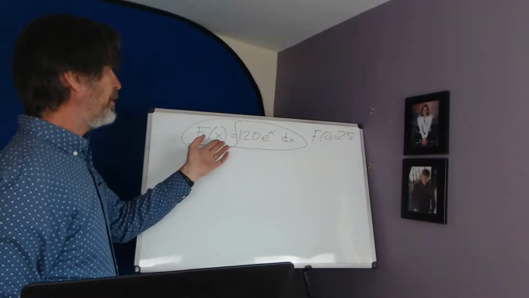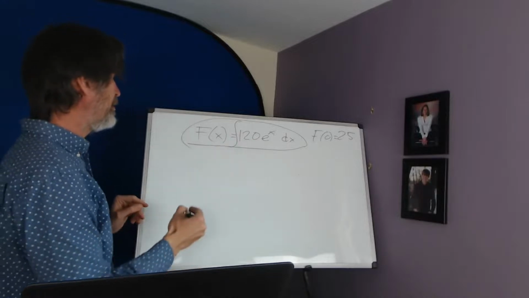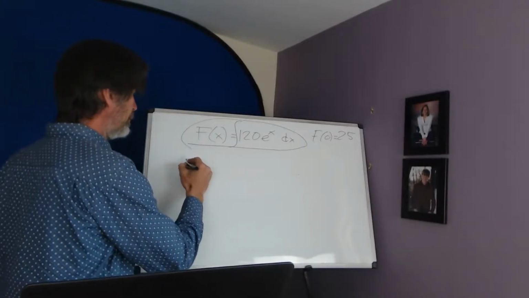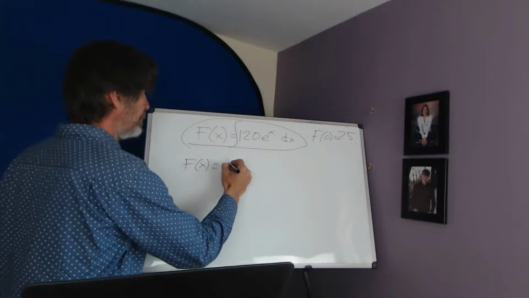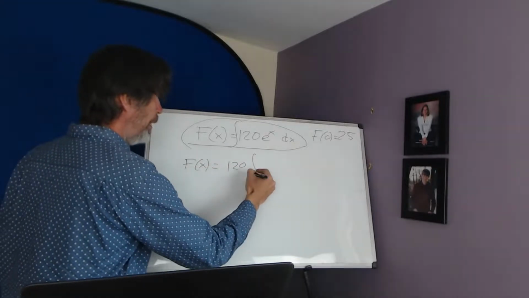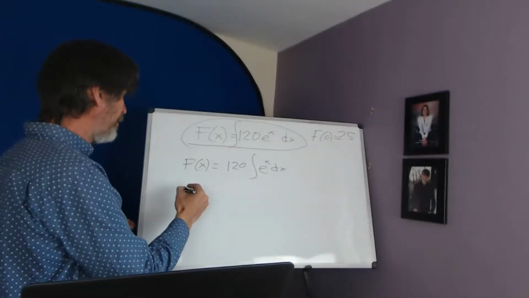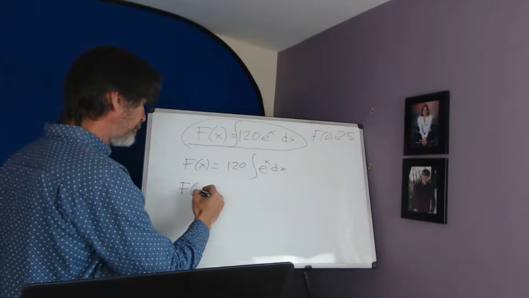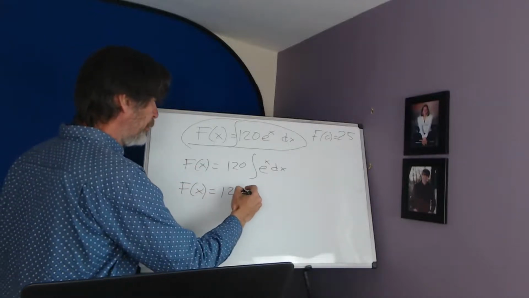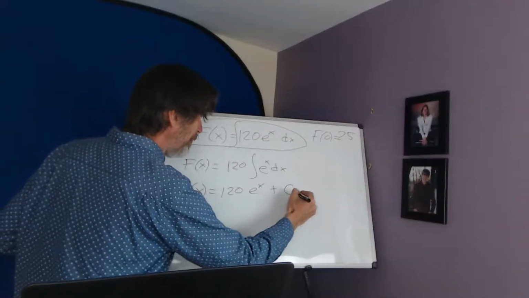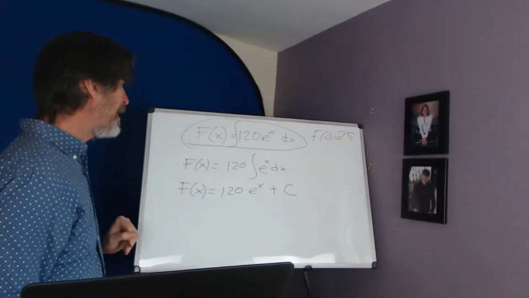We know the function is the antiderivative of this, so let's get that part done first. If you wish to do this in two steps, feel free. The 120 is a constant multiplier. I can break that out front. So that's 120. The antiderivative of e to the x is e to the x. And then again, we have some constant at the end that could be added on.